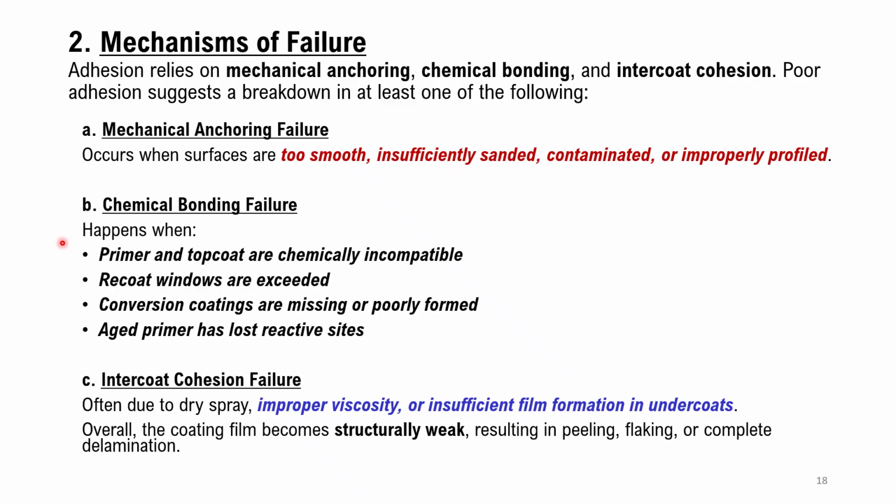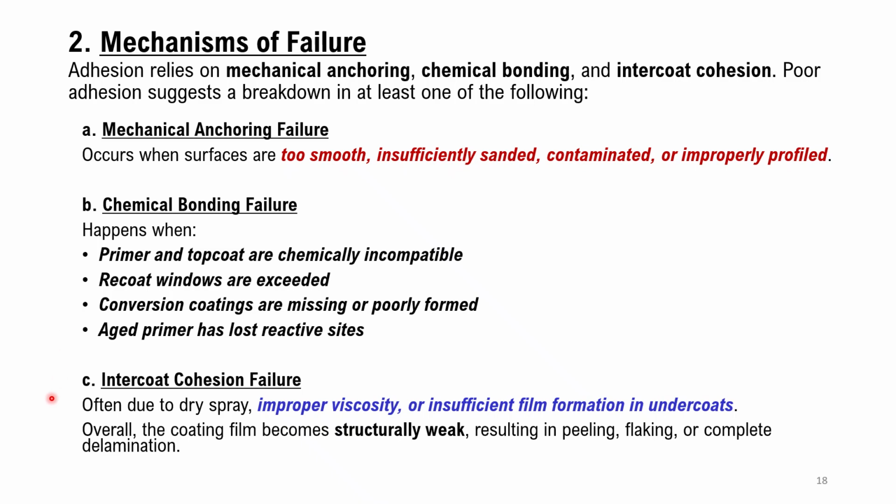Chemical bonding failure happens when primer and top coat are chemically incompatible, recoat windows are exceeded, conversion coatings are missing or poorly formed, or aged primer has lost reactive sites.